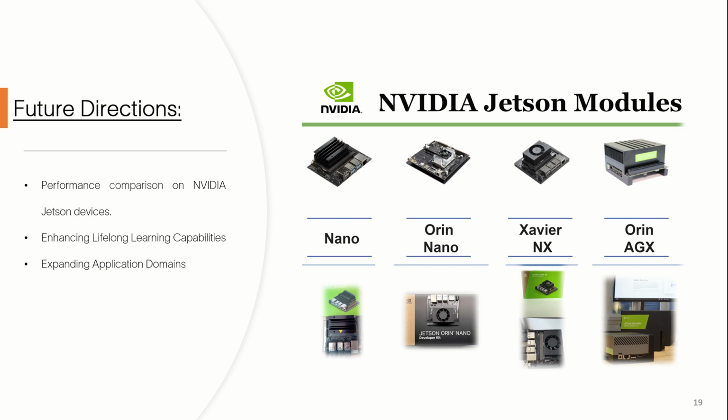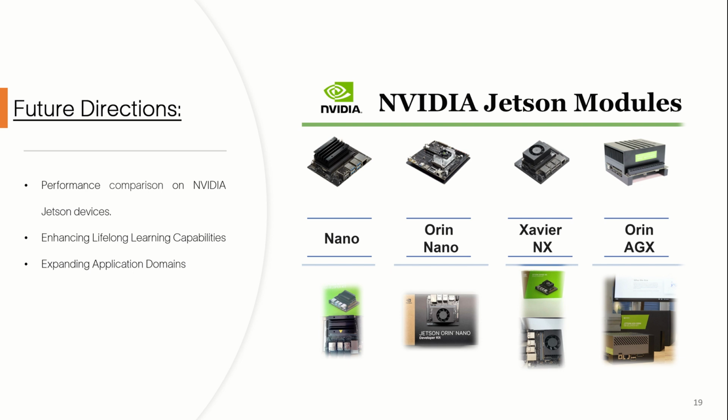For the future directions, as we said, we are working on the performance comparison on different NVIDIA Jetson devices: the Orin Nano, Xavier NX, and Orin AGX, and we are looking at the balance between power as well as real-time accuracy. We are also enhancing our lifelong learning agent, which we discussed, where the child model is capable of learning without further training required.